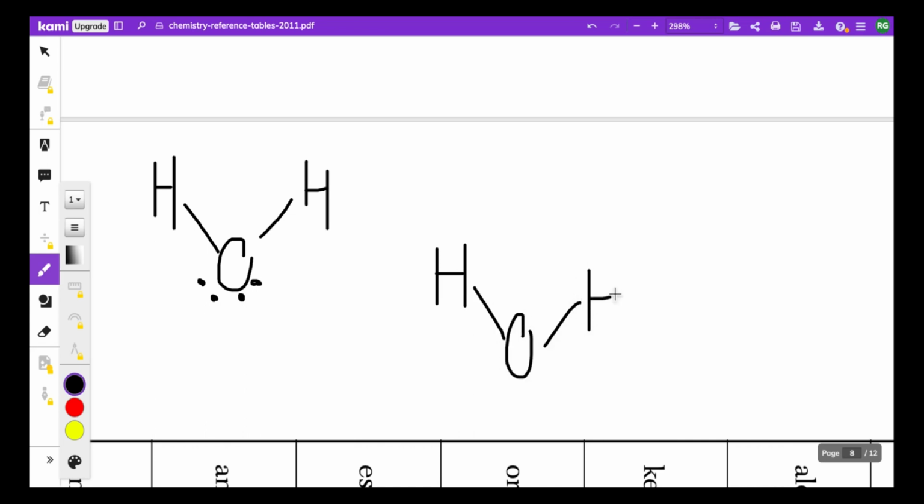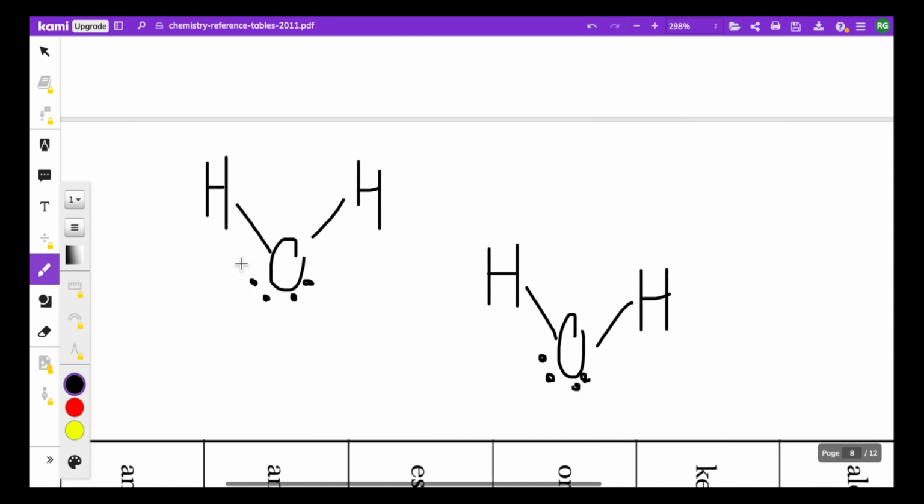Oxygen likes to hog electrons, so it has a partial negative charge, because electrons are negatively charged. While hydrogen got its electrons stolen, so it's going to have a partial positive charge.